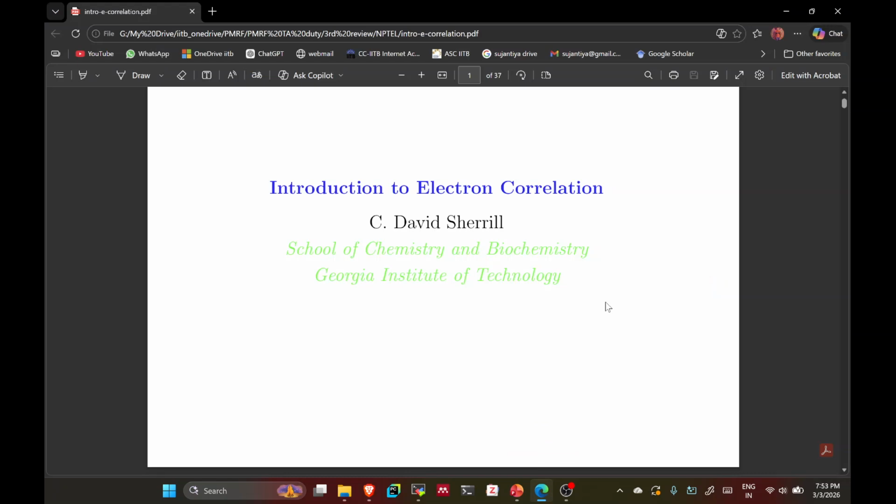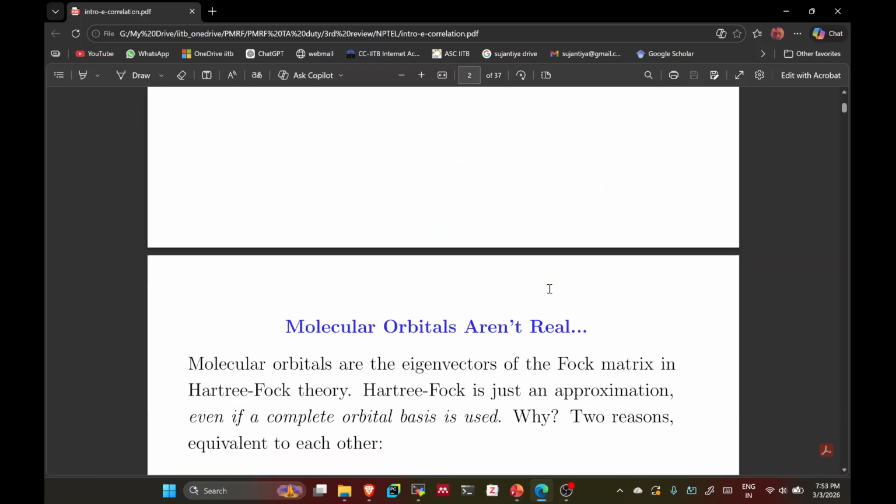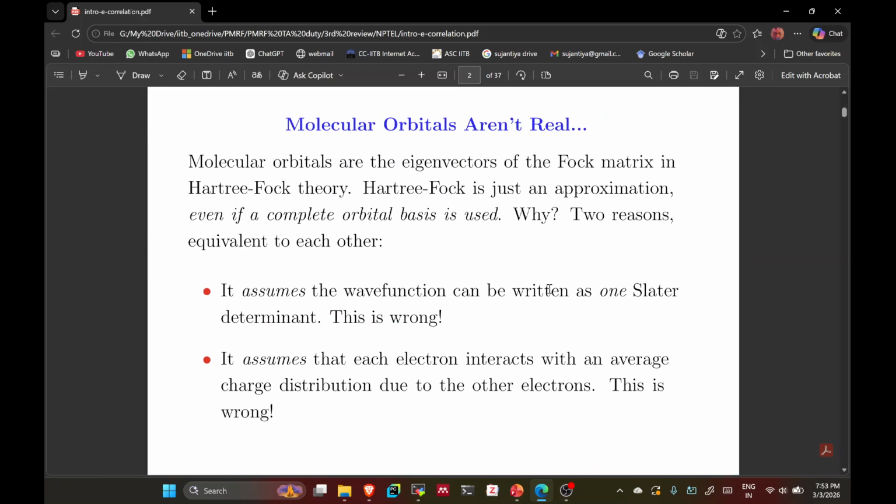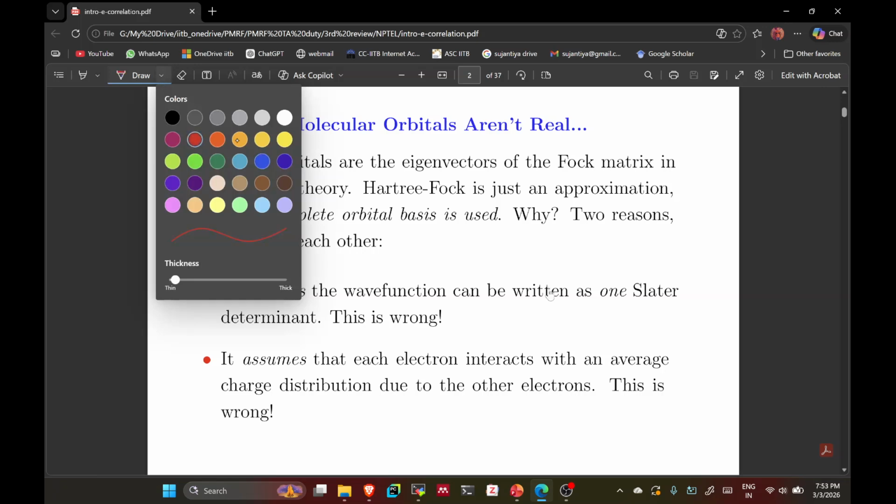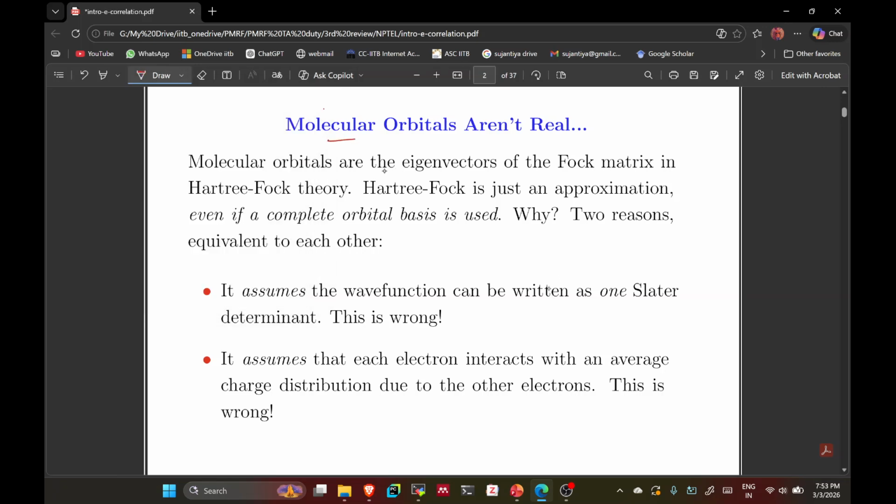So now we'll discuss the introduction to electron correlation. So here it says that the molecular orbitals are not real.